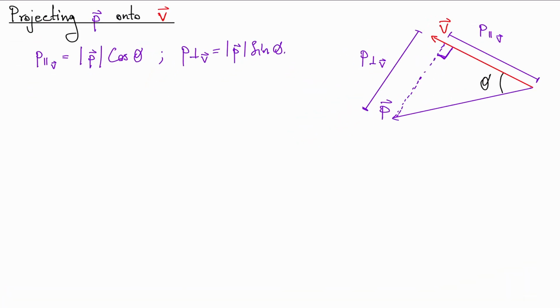And that is the dot product and the cross product. By using the dot product, we will be able to find this component. And by using the cross product, we'll be able to find this component, because the cross product has a sine theta built into it, and the dot product has the cosine of theta built into it.